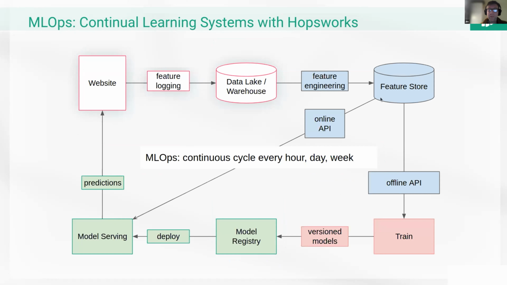And the feature store will give this online API to the model serving infrastructure, but it will also enable you to create training data, and training data will be versioned just like the features themselves, and the models will be versioned in the model registry. They'll be deployed. And this is the same data for AI flywheel, but in the context of maybe an online web application that someone is using. And then you have set up MLOps, so automated pipelines to make sure all of this happens in an automated and tested and controlled manner.